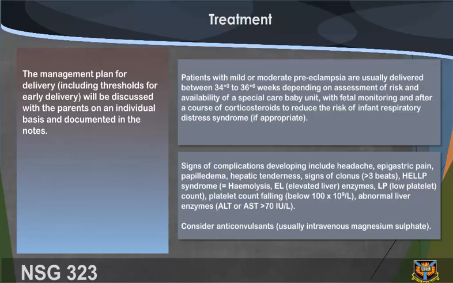Signs of complications developing include headache, epigastric pain, papilledema, hepatic tenderness, signs of clonus greater than 3 beats, HELLP syndrome, which equals hemolysis, EL, elevated liver enzymes, LP, low platelet count, platelet count falling below 100 times 10 to the 9 per L, abnormal liver enzymes, ALT or AST greater than 70 IU/L.